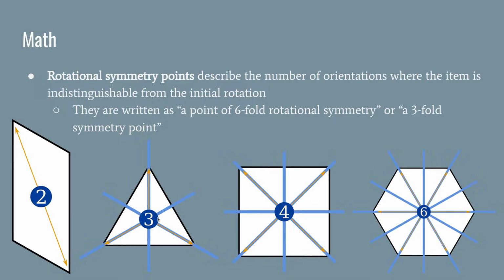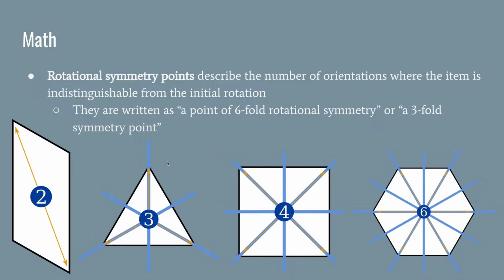Likewise, if you have a triangle, you rotate it 120 degrees, or you rotate it 240 degrees, I cannot tell those orientations apart from the original. And so there is a position of threefold rotational symmetry in the center of the triangle. These blue lines represent mirror symmetry lines, and we'll get to those in the next slide.